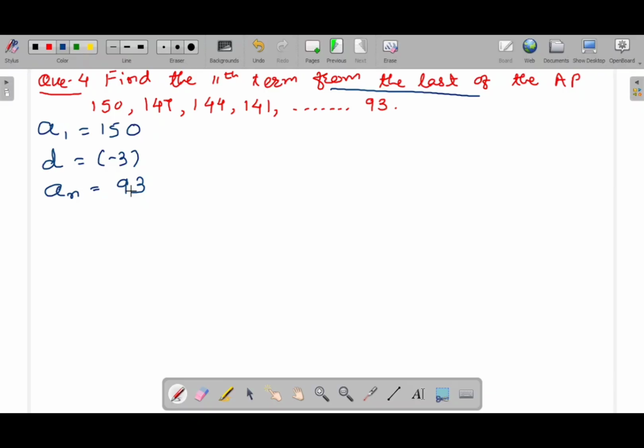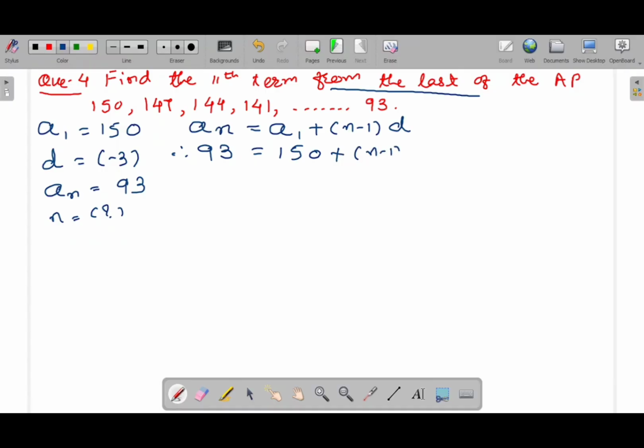So how to do it? First of all, we calculate n. We use the same formula again. Today we are going to use the same formula for different types of sums. a1 plus n minus 1 into d. So here we will have 93 equals 150 plus n minus 1 into minus 3.